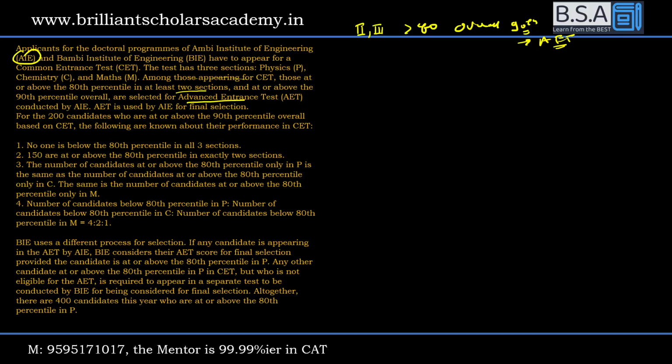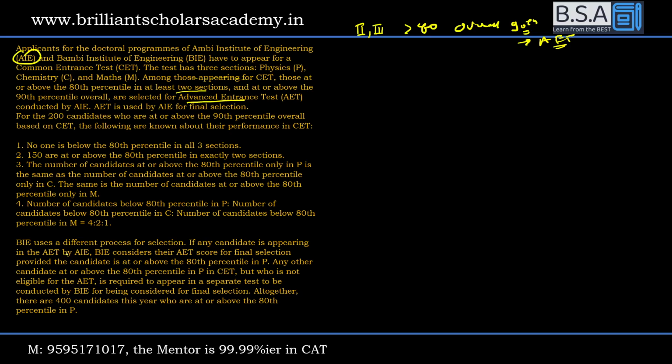The number of candidates at or above 80th percentile only in P is same as the number of candidates at or above 80th percentile only in C. The same is the number of candidates at or above 80th percentile only in M. Number of candidates below 80th percentile in P, number of candidates below 80th percentile in C, number of candidates below 80th percentile in M are 4:2:1.